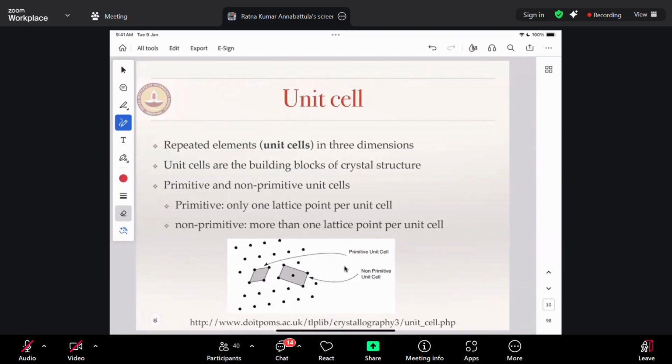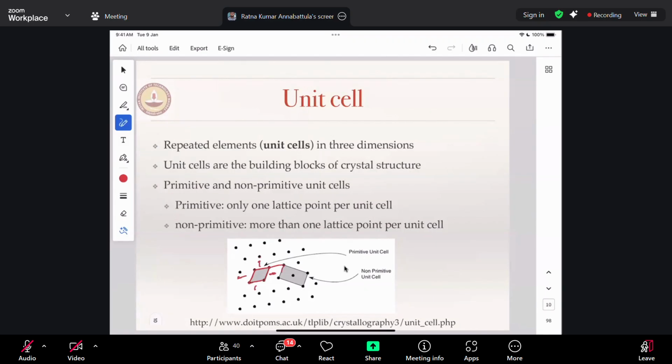And from these lattice points, I could construct this unit cell, right? Now if I take this unit cell, because I am talking about 2D, how do I construct my lattice? I should translate this in both X and Y directions, right?